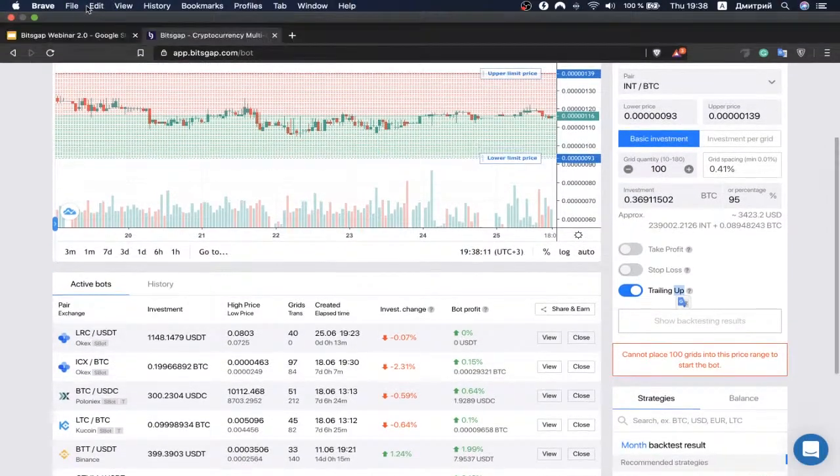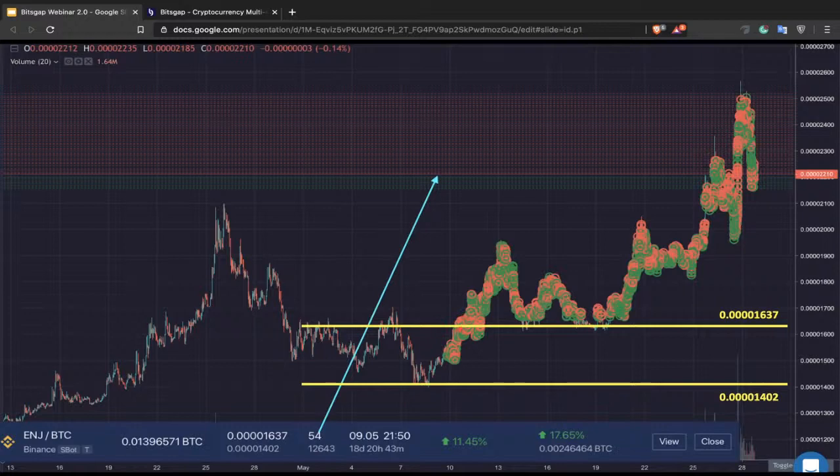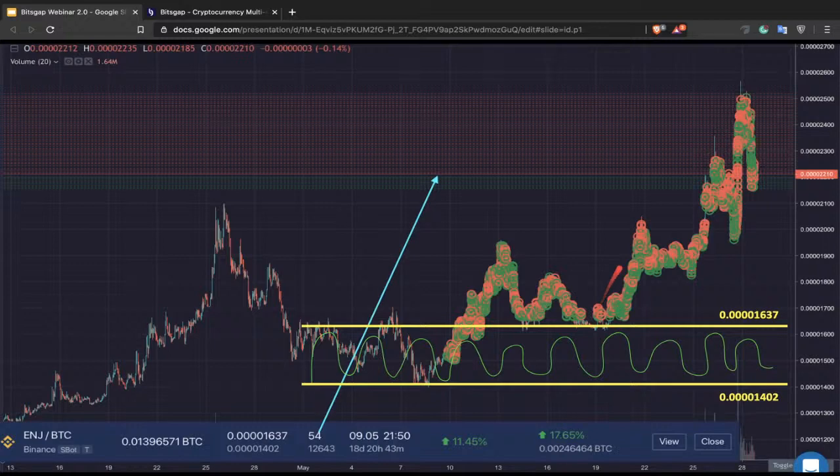All right, same as here. For ETH and BTC, initially I had this trading range, but with the trading up function on, as soon as the price breached the upper limit price, my trading range started to follow the price appreciation. Now you see that from that point, the price is moving over here.